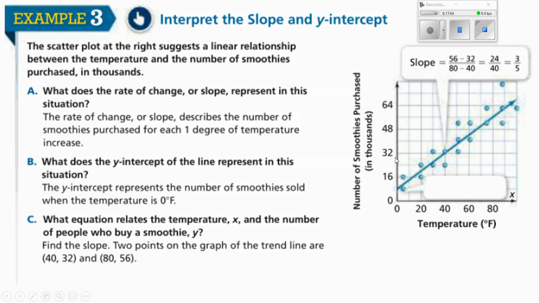Now I know my slope, and I know my y-intercept was 8, because as we said, each one of these units is 8. That gives me everything I know for my equation. y equals 3/5 x plus 8. Remember, we're always writing a linear equation as y equals kx plus b.